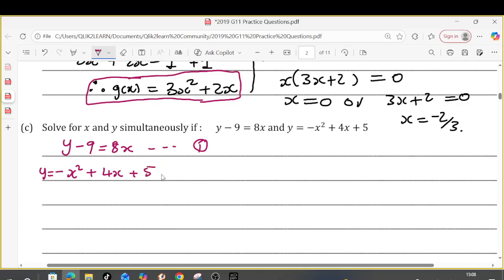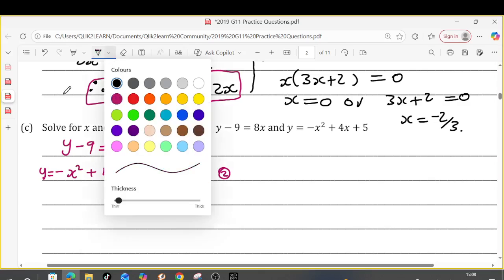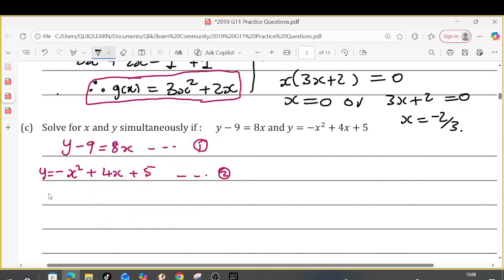This will be my equation 2. So now we need to take the first equation and say y is equal to, we move the 8x to the other side, which will give us 8x plus 9. We're going to call it equation 1a.